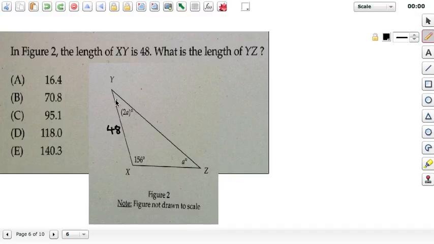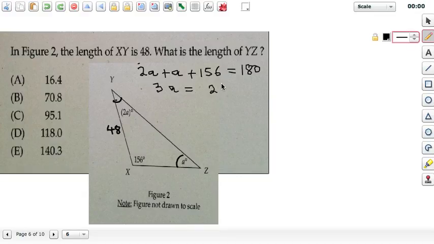Let's go ahead and figure out these two angles. So you know that 2a plus a plus 156 is equal to 180. 3a is equal to 24, and a should be equal to 8.